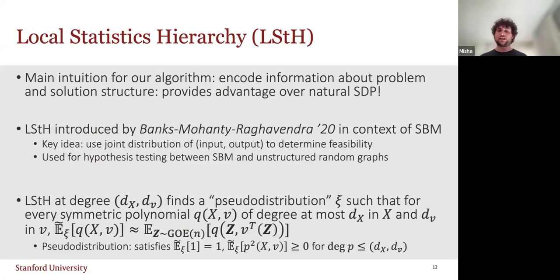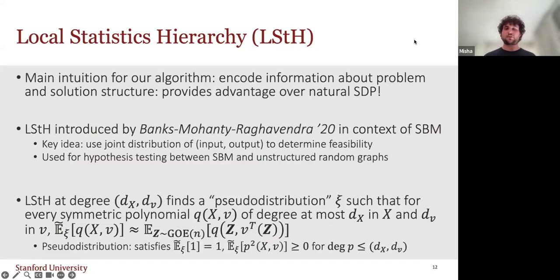Now, a pseudo distribution here is just a fake distribution, in a sense. It satisfies some of the properties. It satisfies having the pseudo expectation of one being one, where pseudo expectation is just expectation under this new probability distribution, and that if we have a square of a polynomial, similar to sum of squares, then the expectation of it must be at least zero.